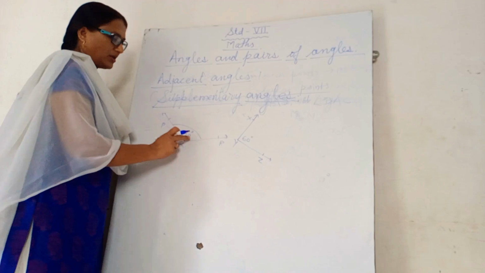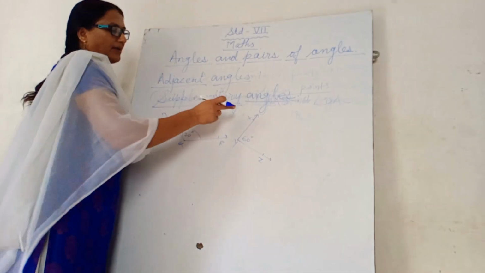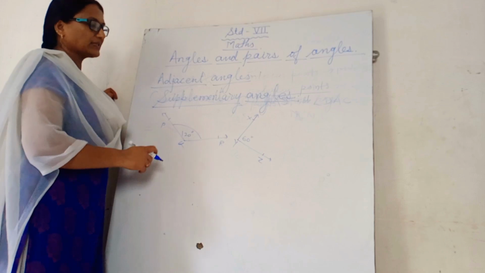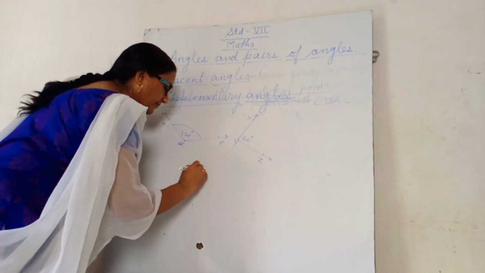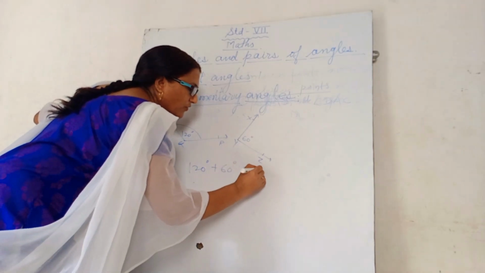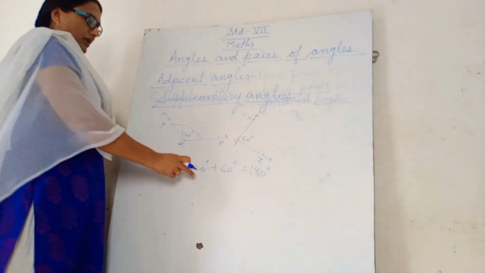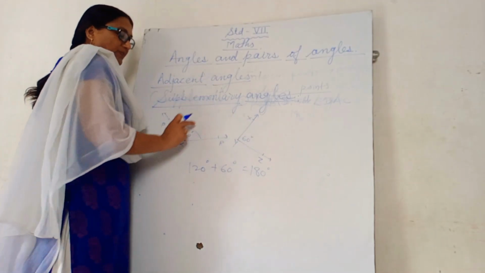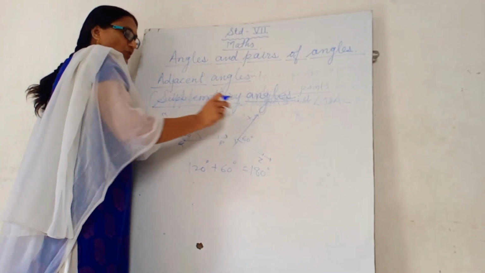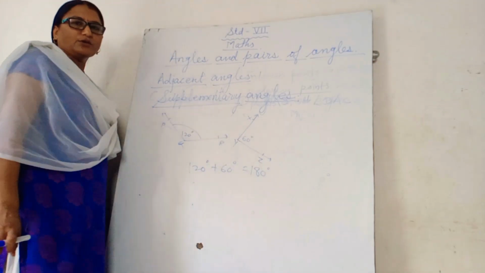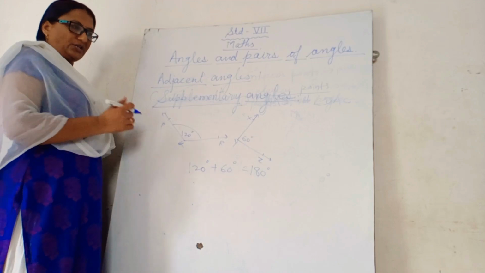Angle PQR is of 120 degrees and angle XYZ is of 60 degrees. What is the sum of these two? 120 degrees plus 60 degrees is equal to 180 degrees, and this is the condition for supplementary angles. If the sum of the measures of two angles is 180 degrees, then they are said to be supplementary angles of each other.